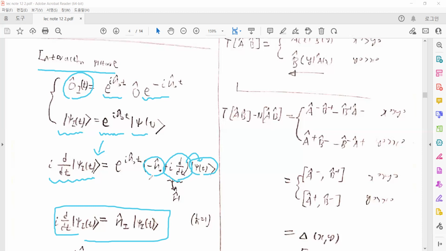And we know that the minus H0 plus the i d/dt is equal to H_I. I mean, the i d/dt is equal to the i H, so minus H0 plus iH becomes the interacting Hamiltonian.